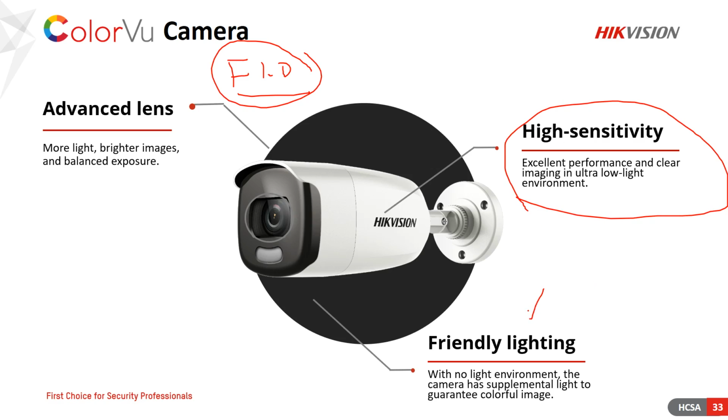And the third one is it adopts friendly lighting, which is the soft white supplement light. So even though the environment is totally dark, it is okay, because the camera, see, this is the white supplement light. The camera is going to provide the supplement light for itself, so that's why it guarantees a colorful image even at night.